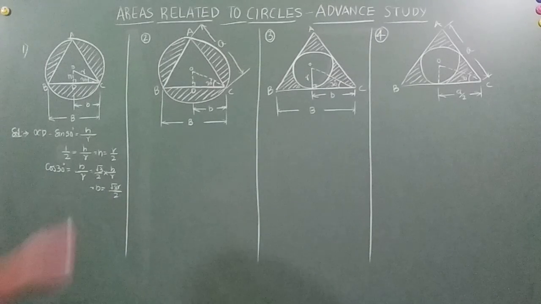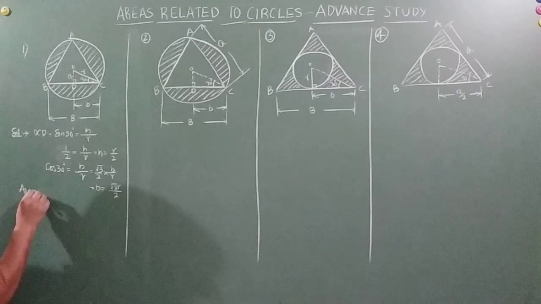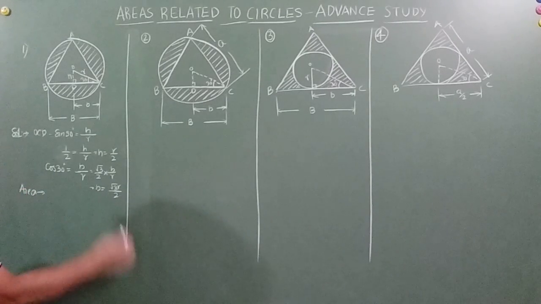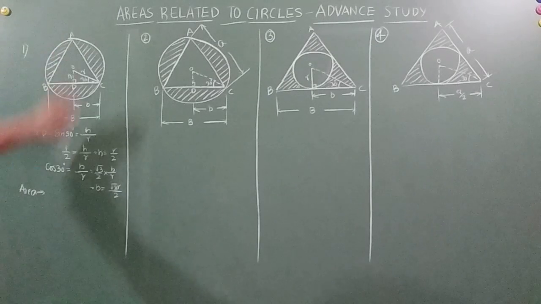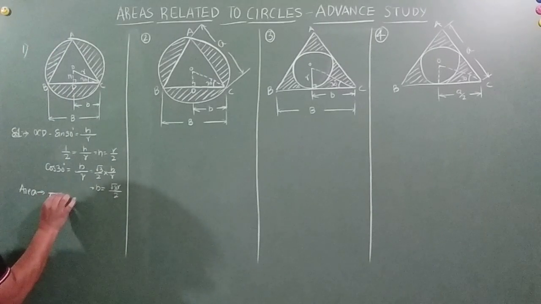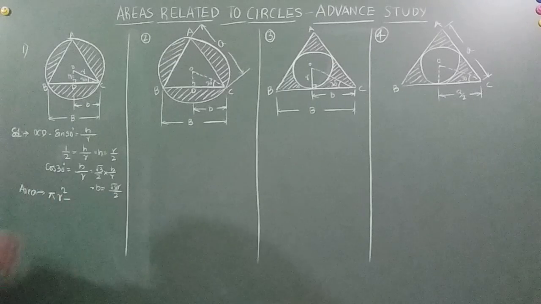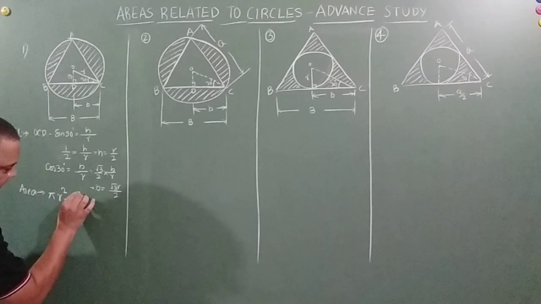Okay. Now the area of the shaded region. I will just write area because I have very limited space here. So area will be nothing but the area of this circle, that is pi r square, minus the area of the equilateral triangle, that is root 3 by 4 a square.